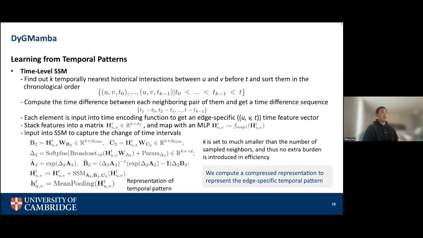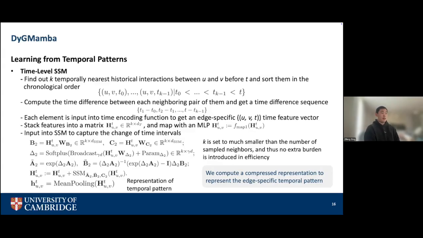How we do that is that we input this time difference into the time encoding function I mentioned in the previous slide to get an edge-specific time feature vector. And we stack these features into a matrix, which we denote as capital H_UVT, and map it with another MLP and input it into the SSM to capture the change of the time intervals.